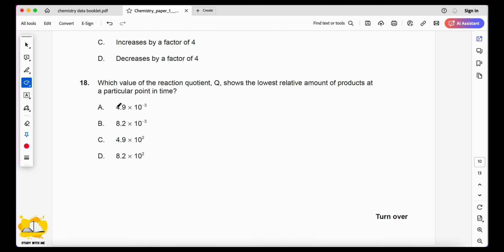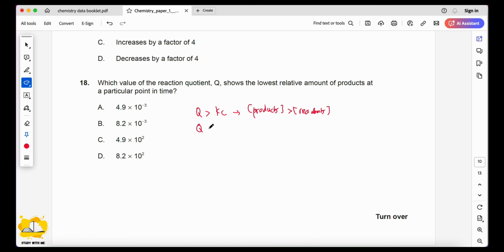Which value of the reaction quotient shows the lowest relative amount of product at a particular point in time? If Q is bigger than Kc, the concentration of products is bigger than the concentration of reactants.